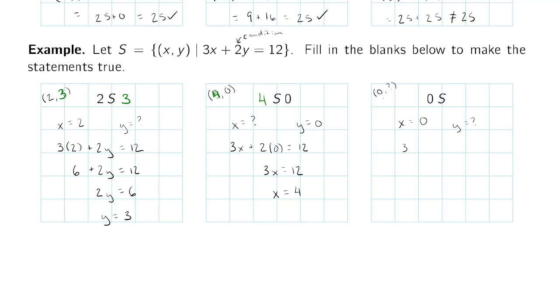Again, we just plug in 3 times 0 plus 2y is 12. 2y is 12 because 3 times 0 is just 0 again. Divide both sides by 2. We get y equals 6. So the pair 0, 6 is in our relation. 0 is related to 6.